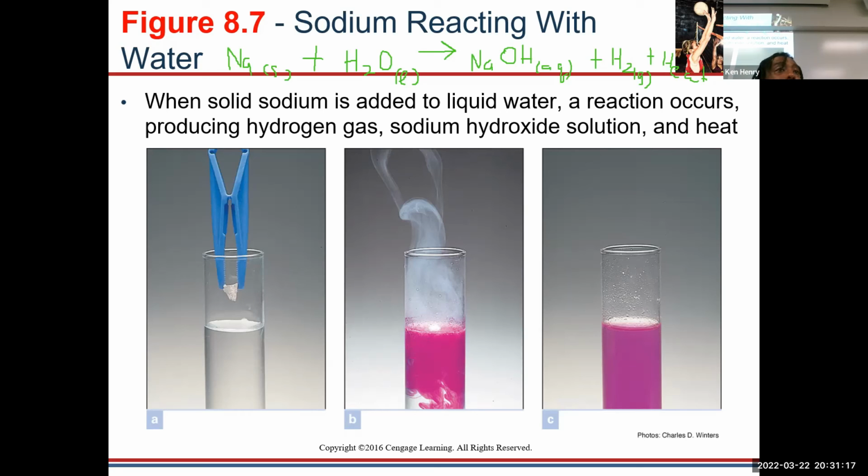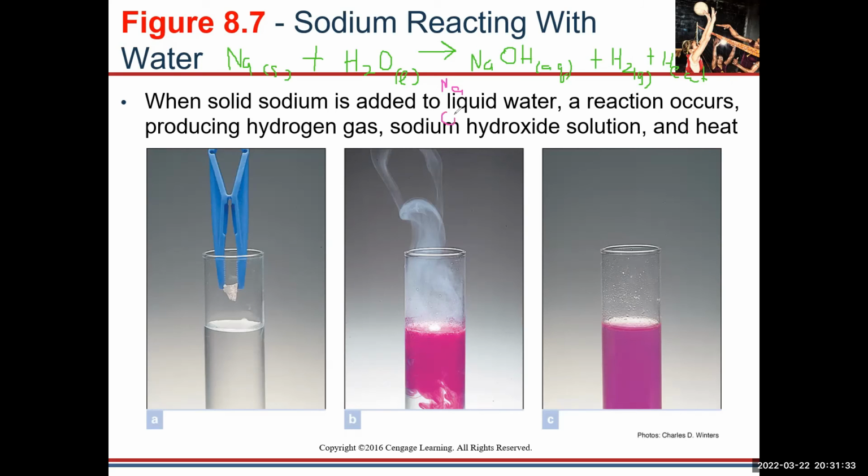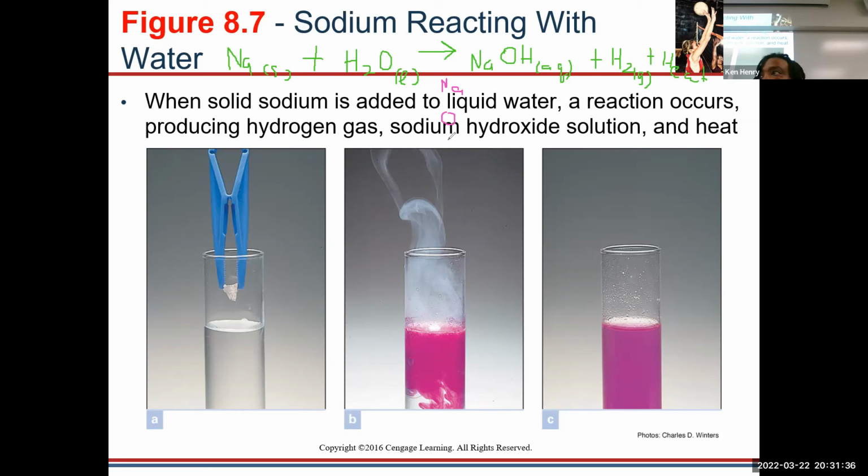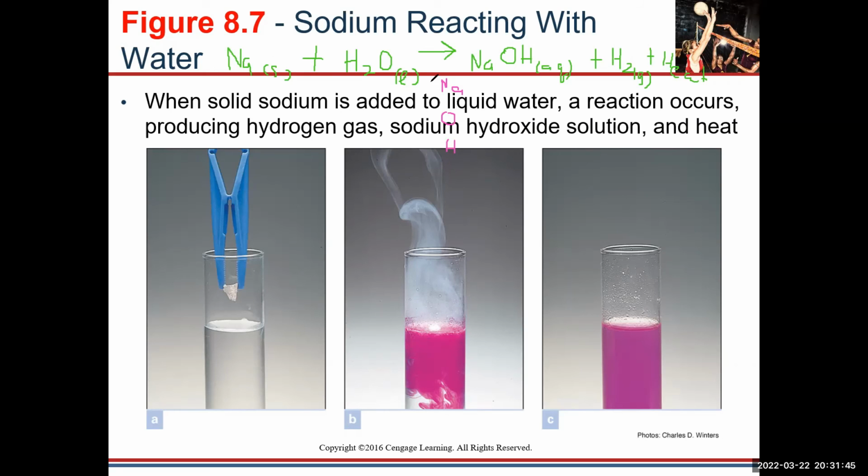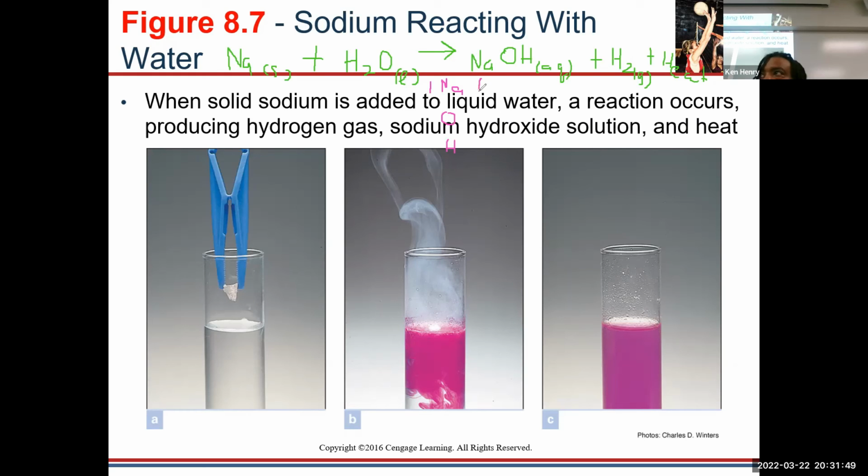Okay, is this balanced? No, it's not balanced. What do I need to do to balance it? So I have sodium. What else do I have? I have oxygen and I have hydrogen. On my reactant side, how many sodiums do I have? 1. On my product side, how many sodiums do I have? 1.